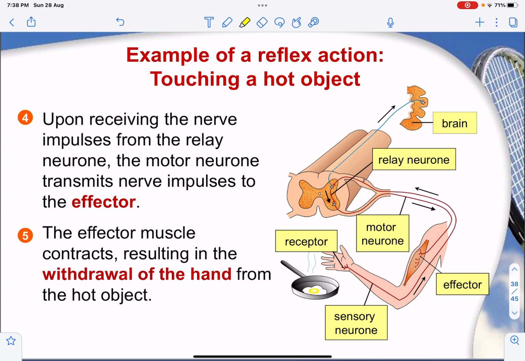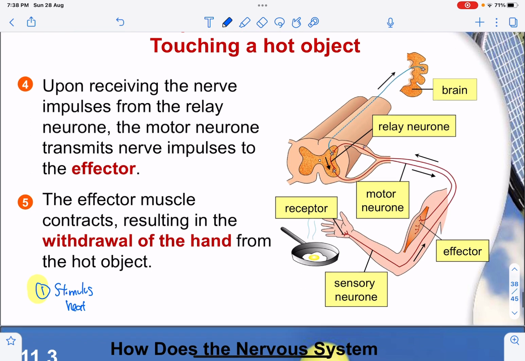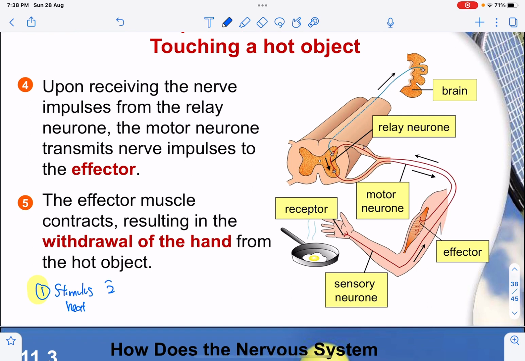So what will happen is you would see that number one, we have your stimulus, which is the heat, detected by the hand's organ, the skin. Following this, it is sent to the sensory neuron, followed by the relay neuron, and of course to the brain for deciphering or not.